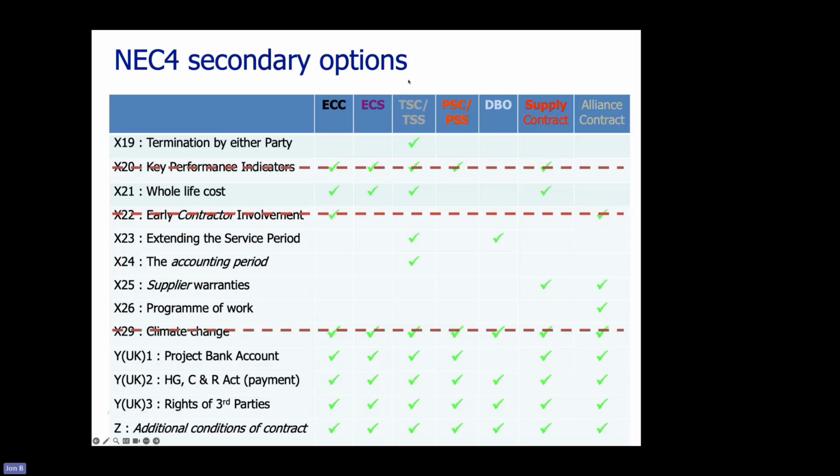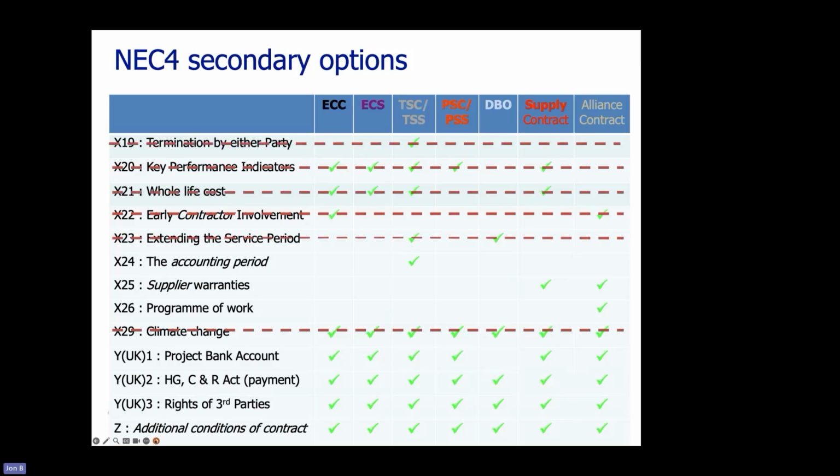I suppose the opposite of termination by either party under the term services contract is extending the service period. And you could do that by agreement in any case, a supplementary agreement between the directors. Putting that in there is effectively signposting to the contractor that if we're happy with you, instead of it being for 4 years, it could be 8 years.